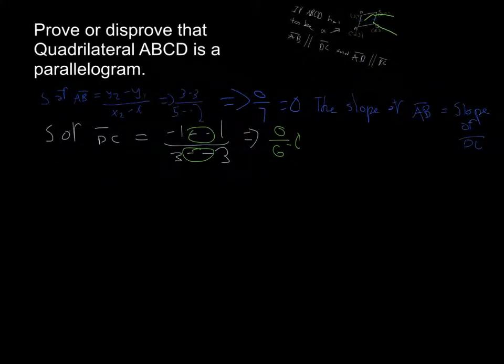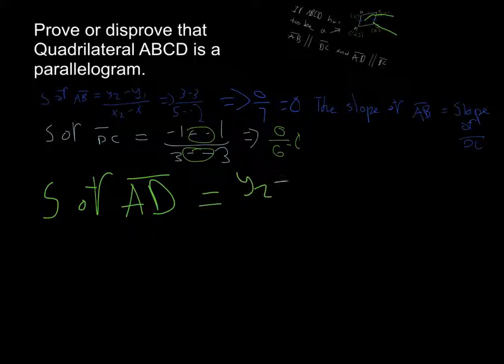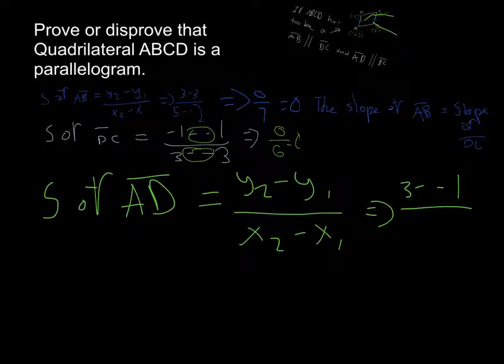So now let's write the same thing as we wrote for the bottom one. The slope of line segment AD, sorry if I didn't say that, is equal to the same thing, y2 minus y1 by x2 minus x1, which should be 3 minus 1 by negative 2 minus 3.